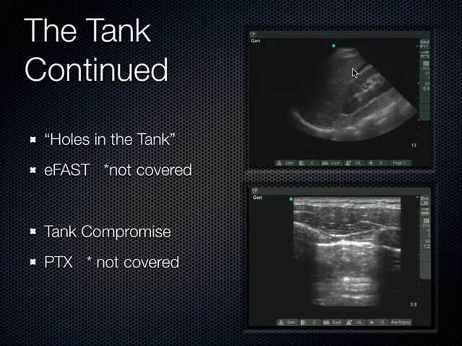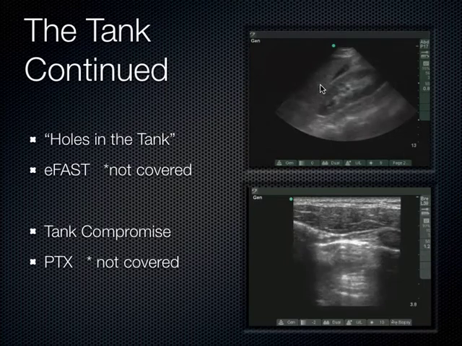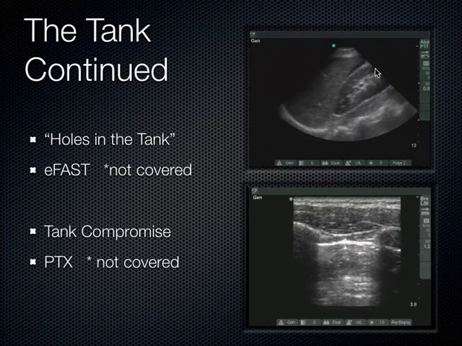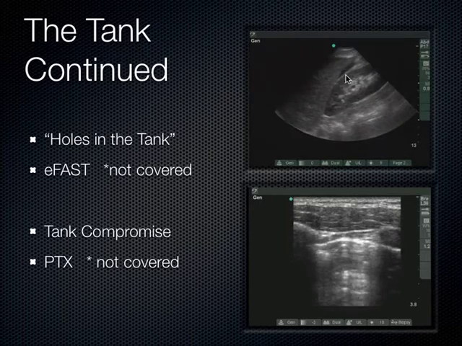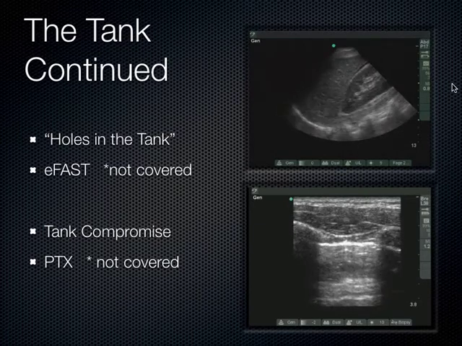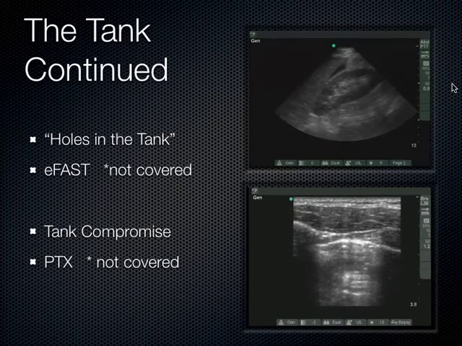But this is basically what it looks like. And if you've got fluid there between the spleen or liver and the kidney, then that suggests that the tank has been compromised, and there's blood or fluid leaking out into the peritoneal cavity. And Morrison's pouch, or the hepatorenal area, is the most dependent portion of the peritoneal cavity.